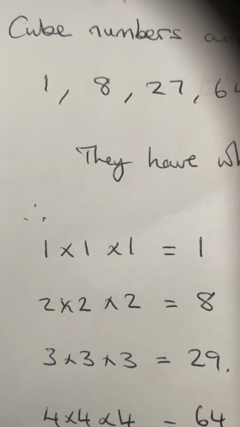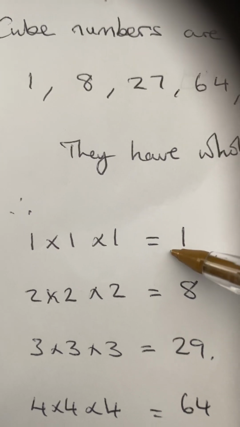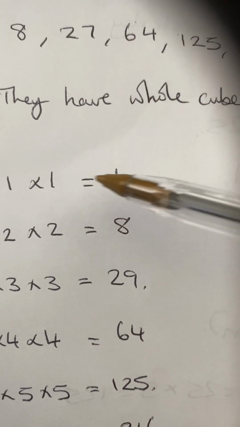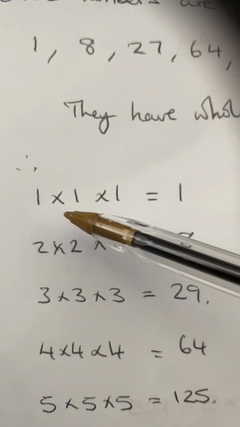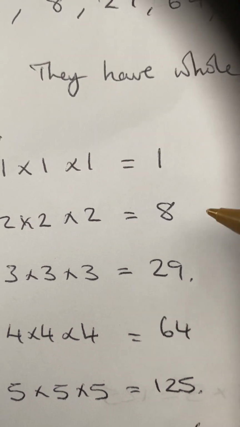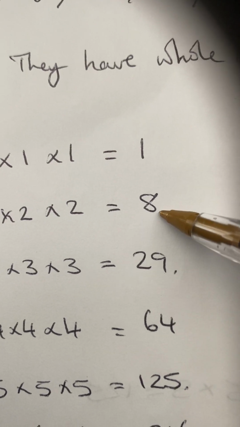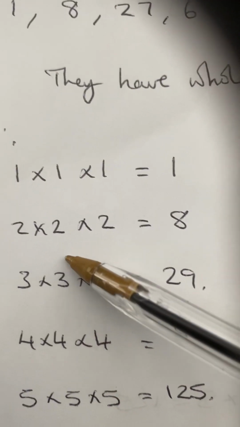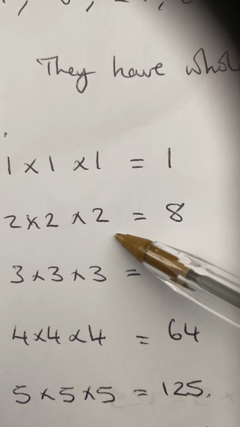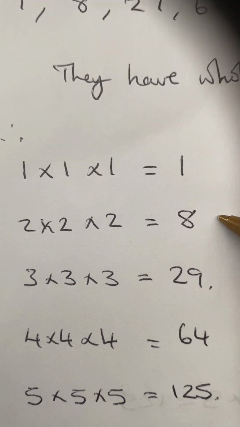What I mean by that is the cube root of 1 will give you 1, because 1 times 1 times 1. The cube root of 8 will give you 2, because 2 times 2 times 2 is 8.